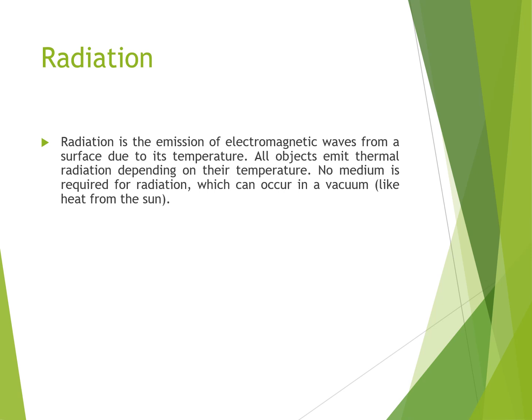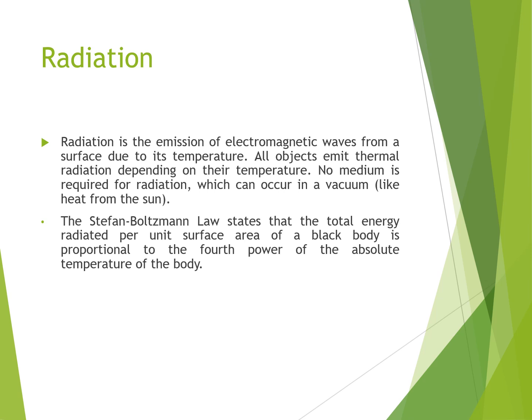Radiation is governed by Stefan-Boltzmann equation, which states that the total energy radiated per unit surface area of a black body is proportional to the fourth power of the absolute temperature. Why black body? Black body is considered as an ideal body in heat radiation because it is assumed that black body emission is zero and absorption is complete.